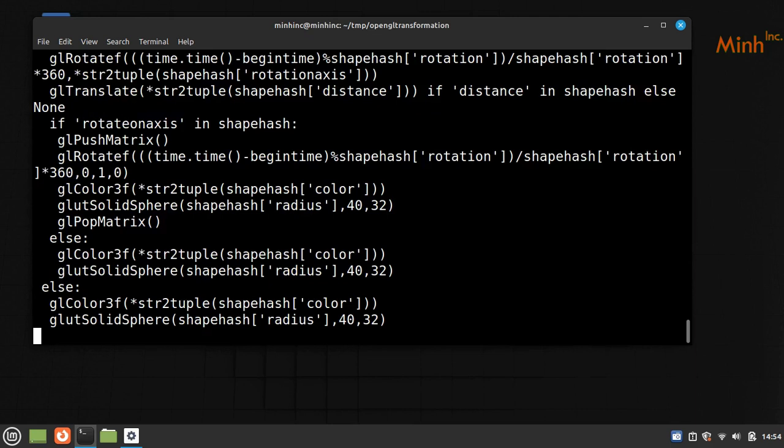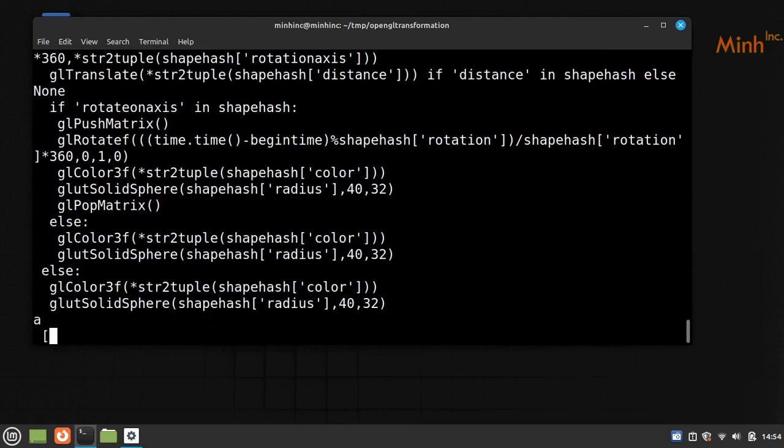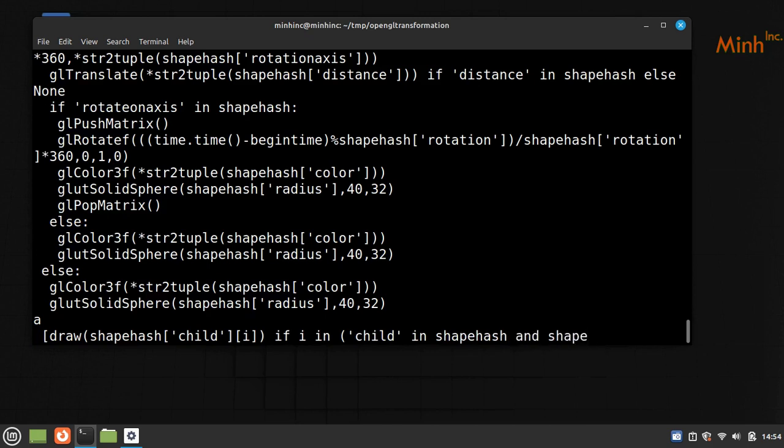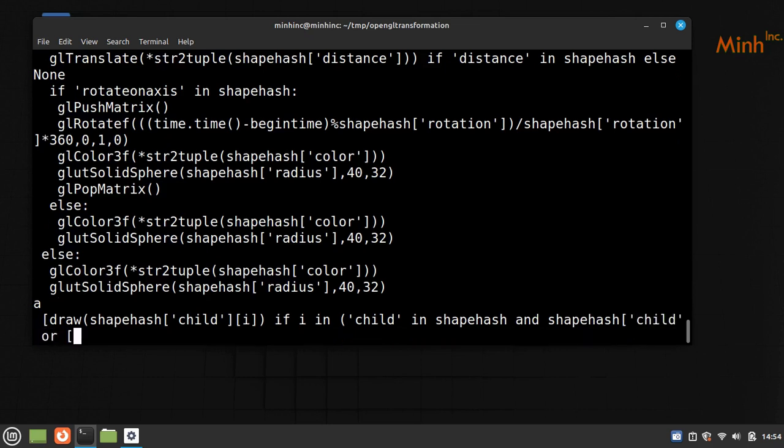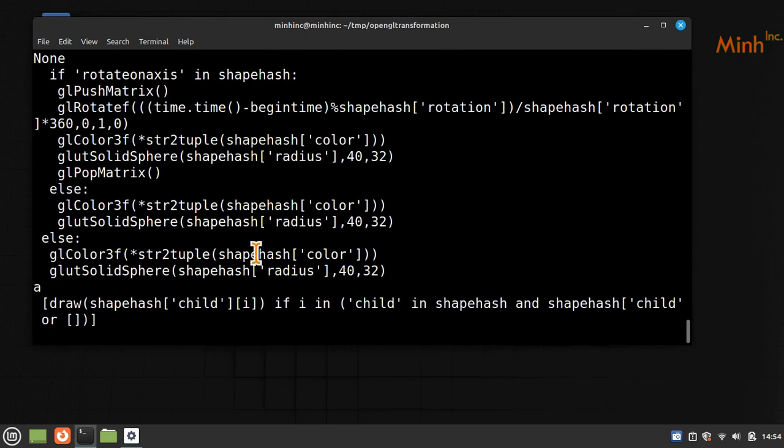Okay, otherwise, now this is a recursive function, so we can just call it shape hash child, if child in shape hash.